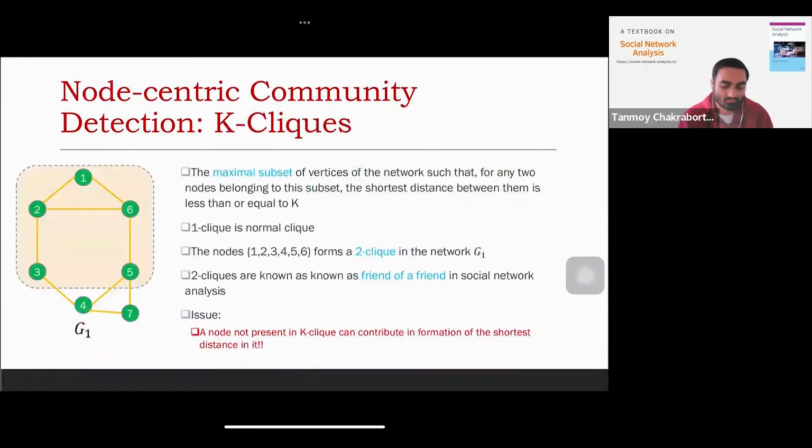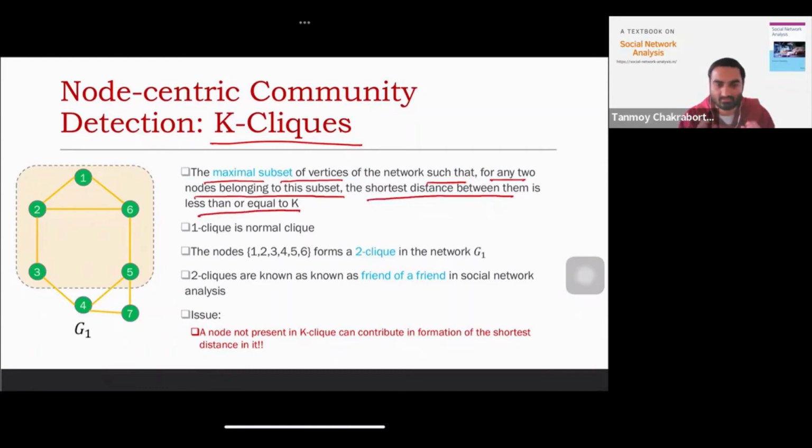To relax the definition of a clique, people proposed something called k-cliques. Now what is a k-clique? A k-clique is the maximal subset of vertices such that for any two nodes belonging to the subset, the shortest path distance between them should be less than or equal to k.